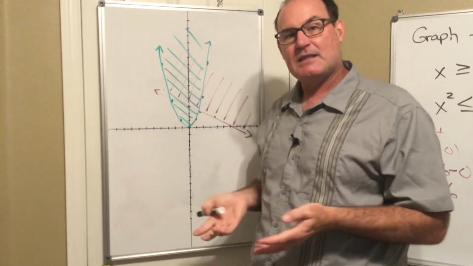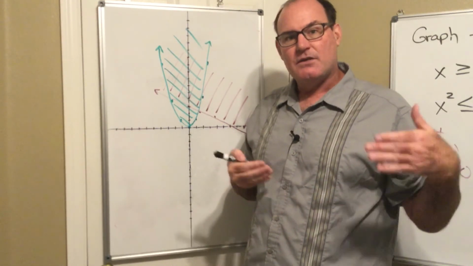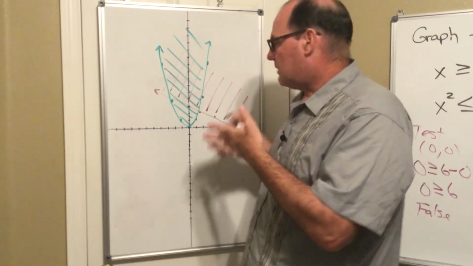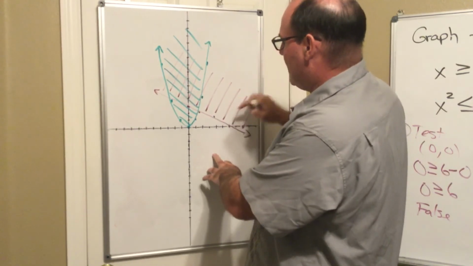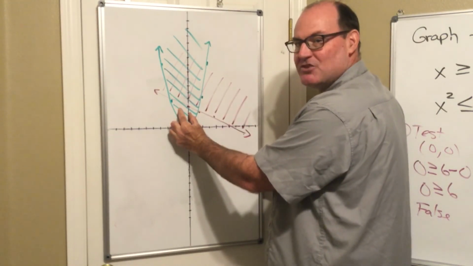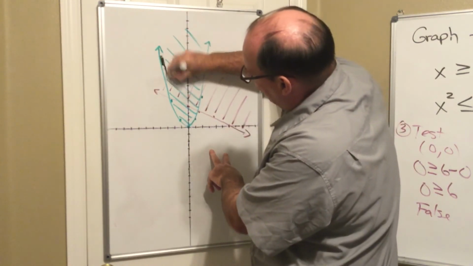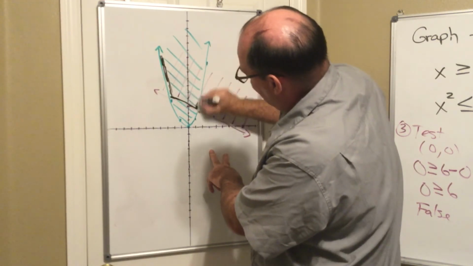When you are finding the solution to a system, remember when we were doing a system of equations, the solution is where the two graphs intersect. Well, this is the same thing. Where do the graphs overlap? We see right here that out here I've just got purple. In this little bitty bit here, I've just got green, but I've got both colors inside the parabola down to this part where the line cuts across and then up.